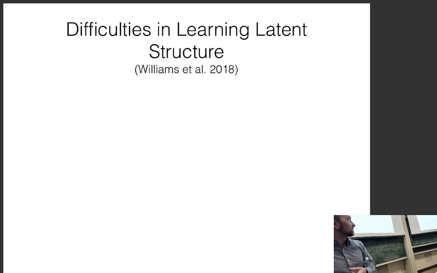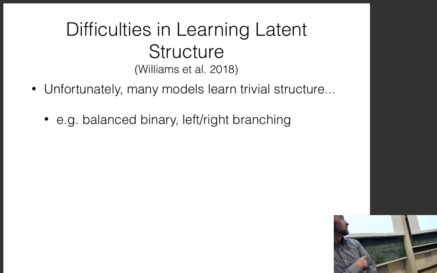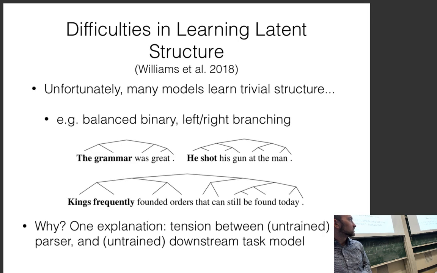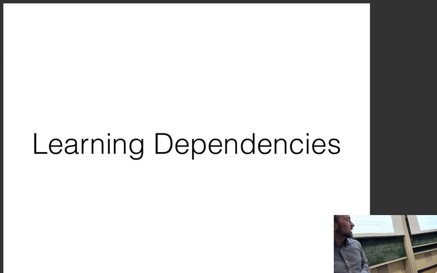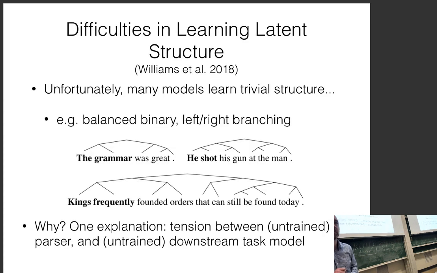And as I said, unfortunately, many models learn trivial structure like this. And we have an explanation for this. And actually, I'm sorry, I think I cited the wrong paper here, but they actually have some follow-up work where they create a data set that is super simple to solve if you get the structure correct, but it's extremely difficult to solve if you don't get the structure correct.